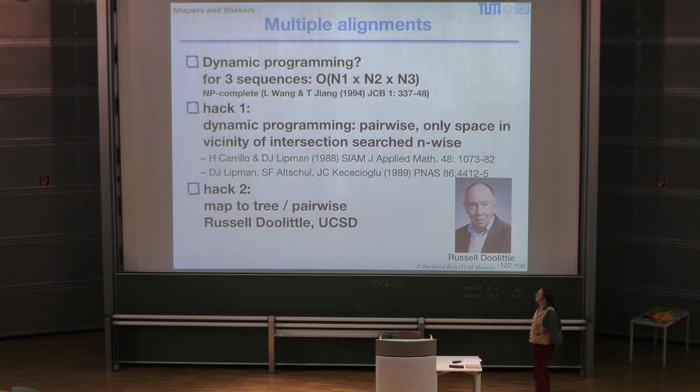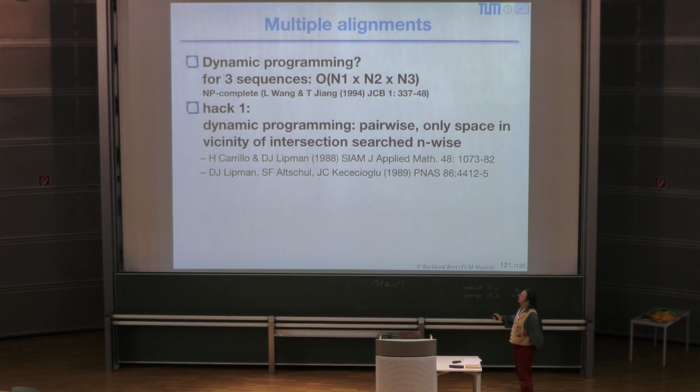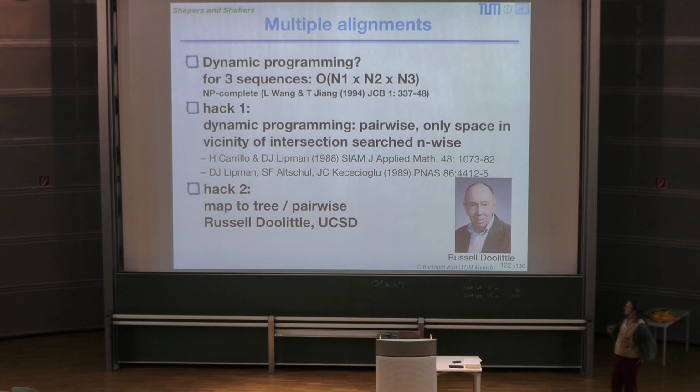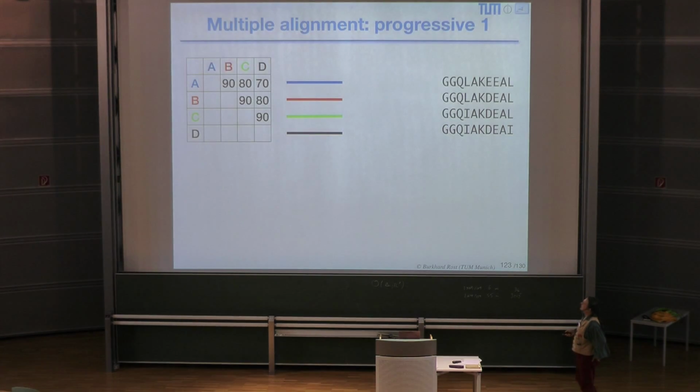But that brings us to the couple of hacks. The first hack is pairwise, but you somehow look only at the space that is intersecting, that is close, in close proximity. And that comes from Lippmann originally. The second hack here is mapped to a tree, and that comes from Russell Doolittle. And the idea is the following.